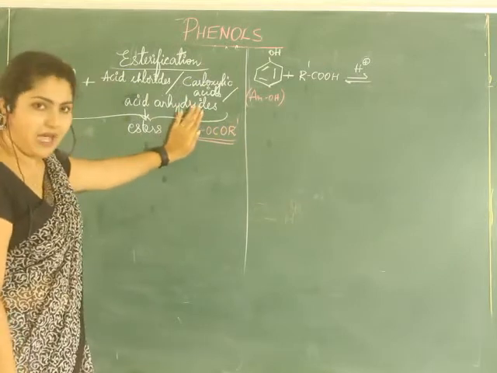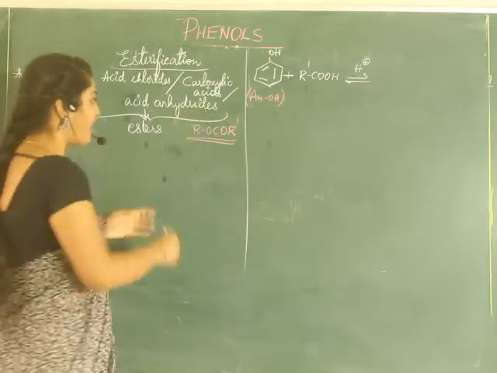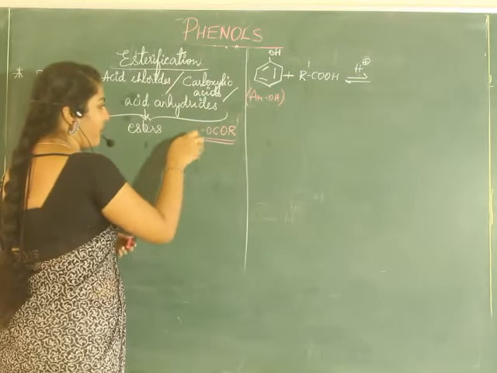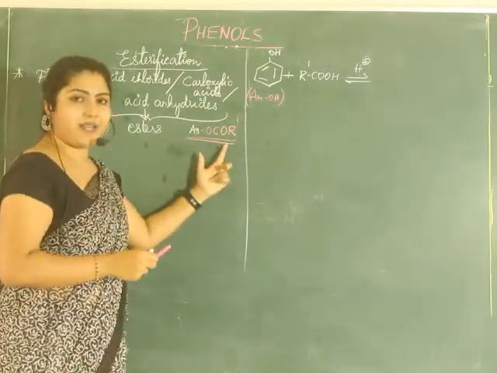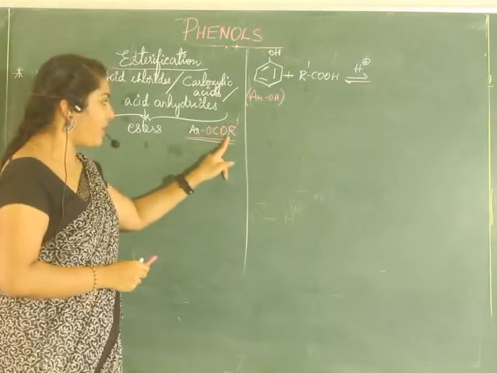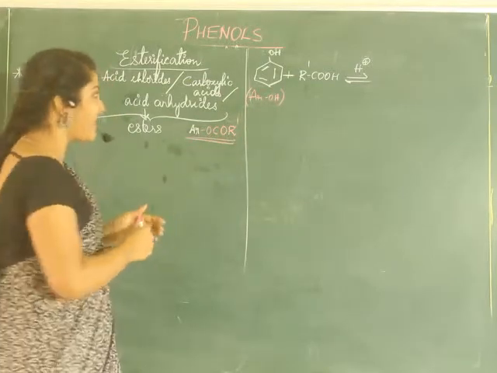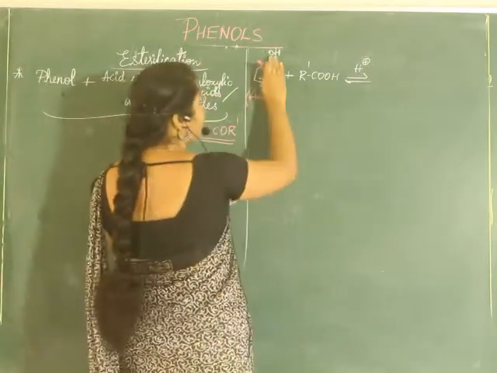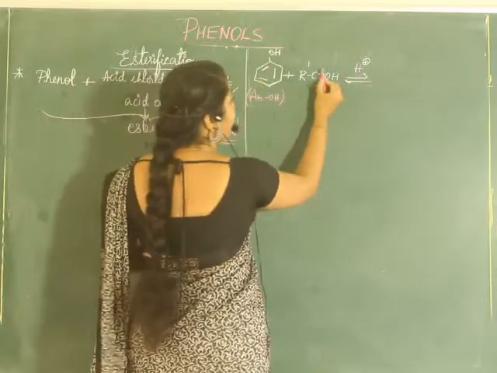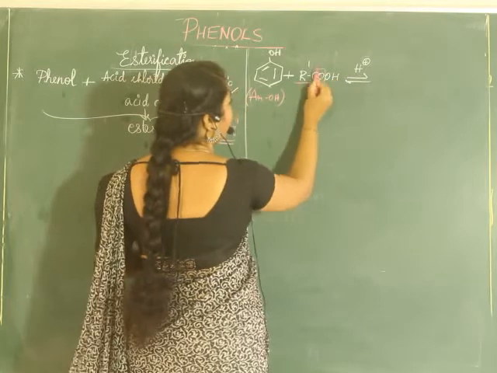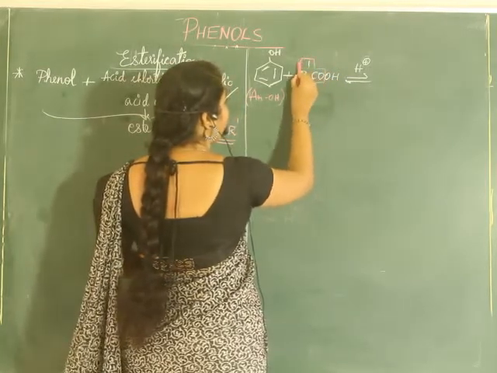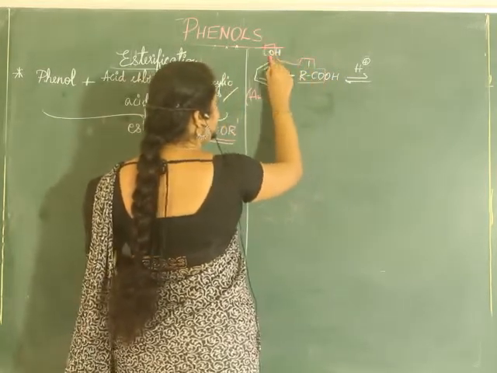Instead of R, we have Ar here, the aromatic ring. So to the aromatic ring, which group must be attached? The OCOR- group attaches. Here, this O remains as it is, and this R- comes and attaches here.